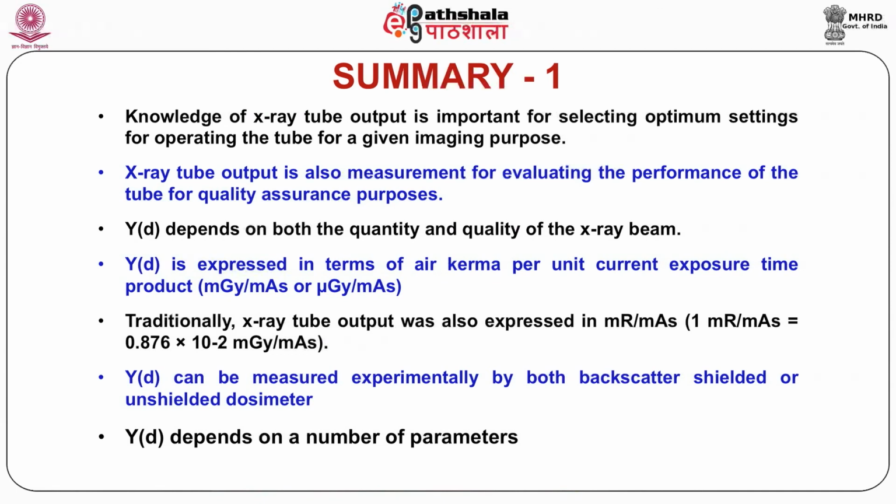The X-ray tube output depends on a number of parameters, which include kilovoltage, that is beam energy, milliampere, that is beam current or milliampere time product, spectral distribution, that is HVL, voltage ripple, anode angle and anode surface, filtration, collimation and focus to point of interest distance.